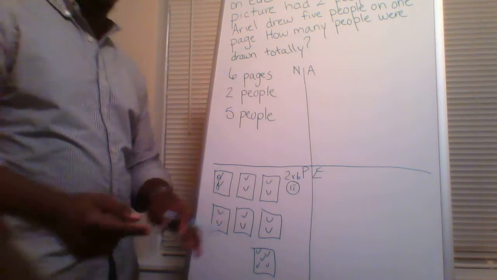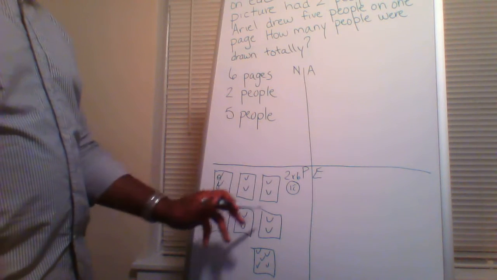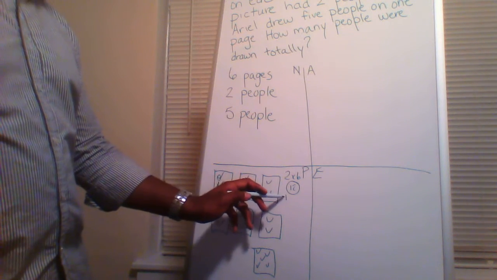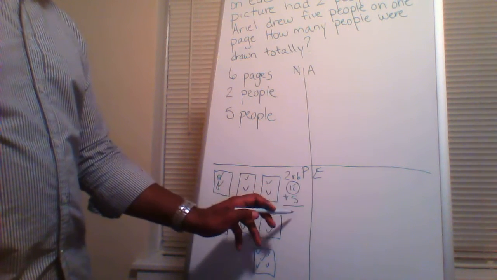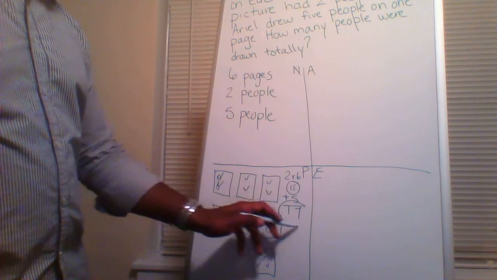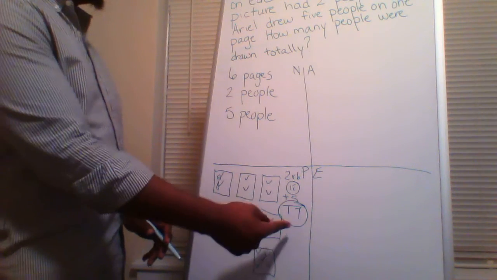Now, am I done? No, that's the first step. I had to add up the ones that Michaela did. Now, Ariel did 5, so I'm going to add her 5 to Michaela's 12. 2 and 5 is 7, and 1, 10. That's 1, 10, and 7, 1, 17. So that means that there are 17.